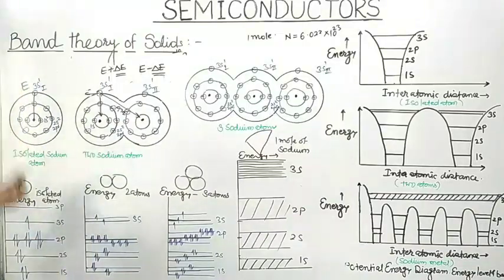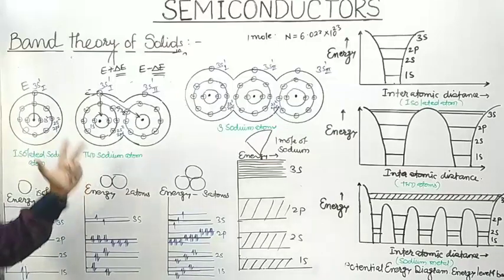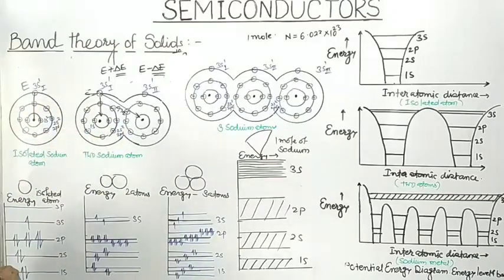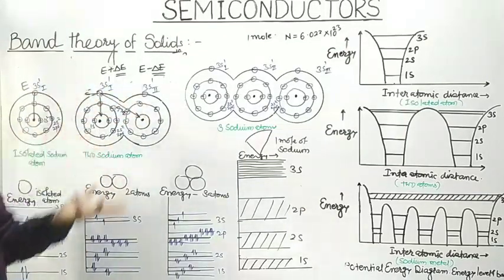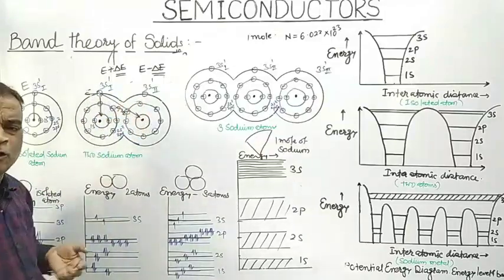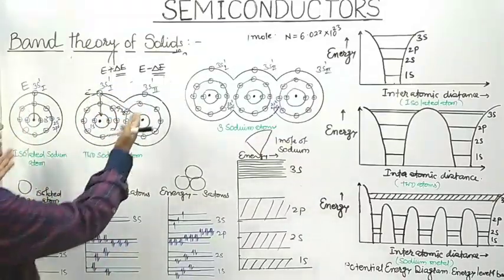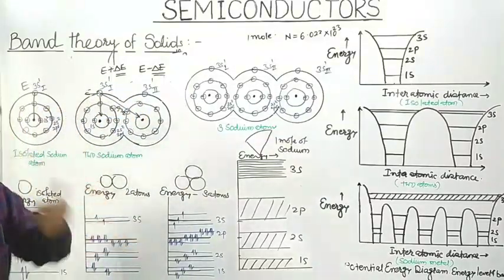Means that initially we have a unique 3s energy level. When the two atoms of sodium are brought close to each other to form the molecule of sodium, there occurs an overlapping of atomic orbitals, and the energy of the electron in the outermost orbit changes due to strong interaction with the neighboring atom.